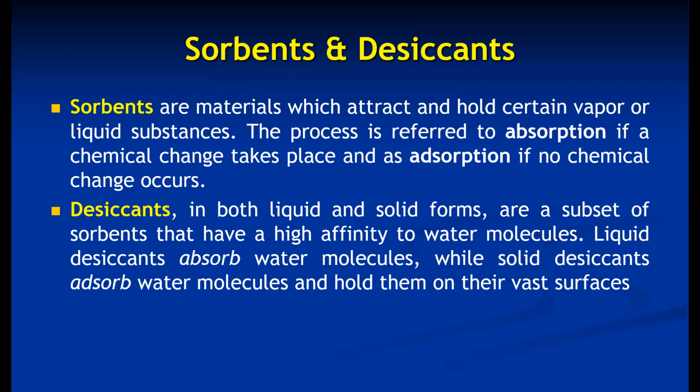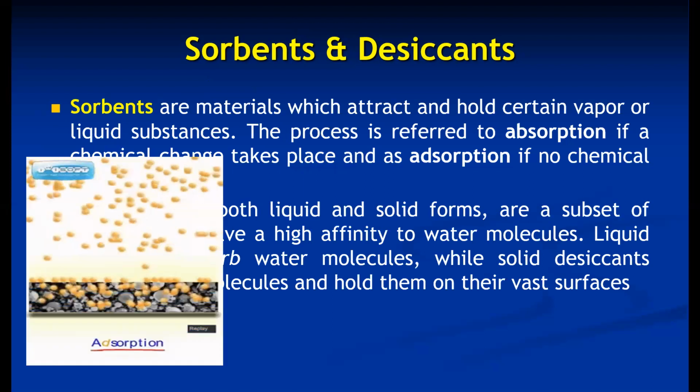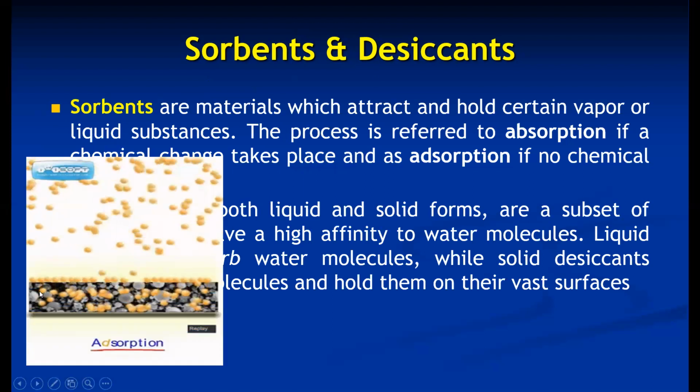They are subset of sorbents, and they have a affinity to absorb water molecules. Liquid desiccants generally absorbs the water molecules, while solid desiccants adsorb the water molecules and hold them on their vast surface. So these are the solid desiccants.